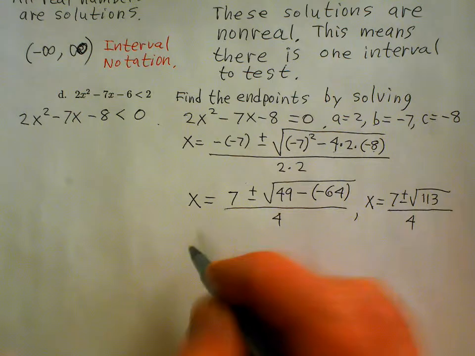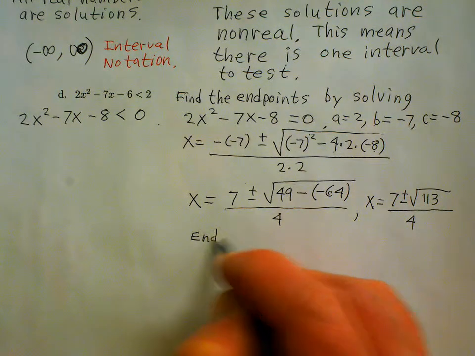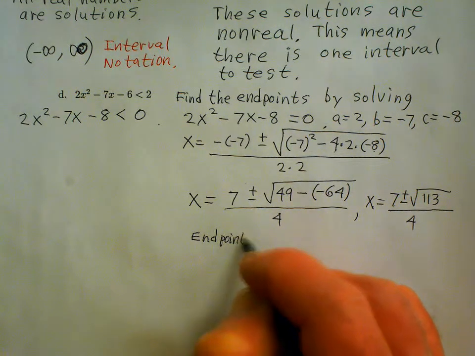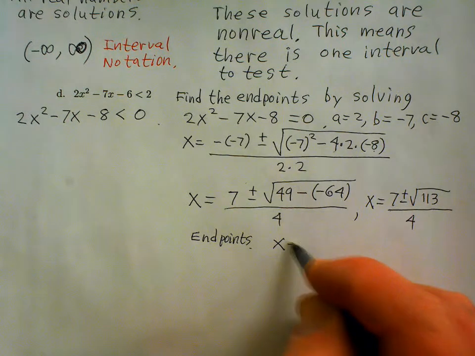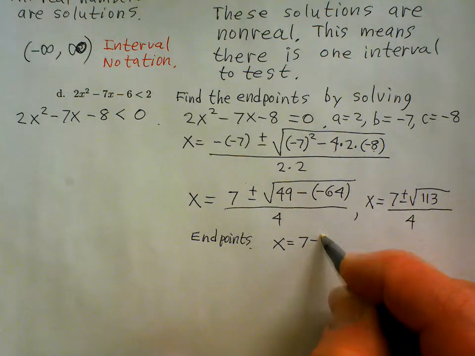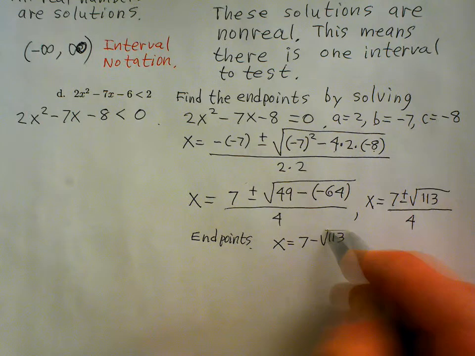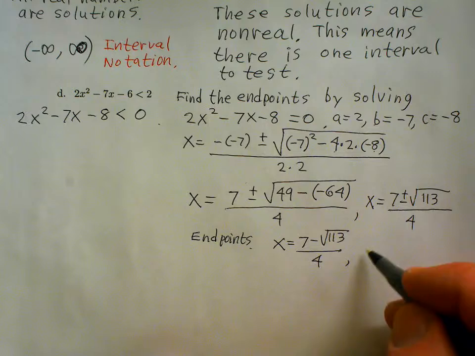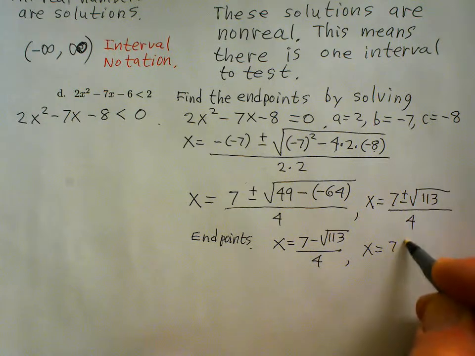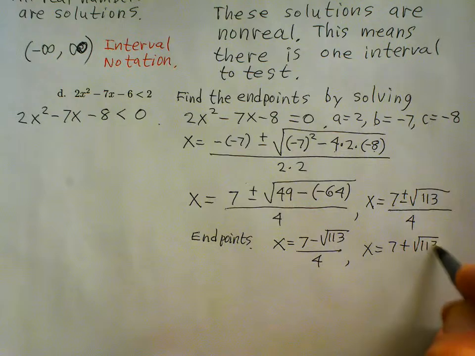So the endpoints are irrational numbers. One endpoint is 7 minus the square root of 113 over 4. And the other endpoint is 7 plus the square root of 113 over 4.